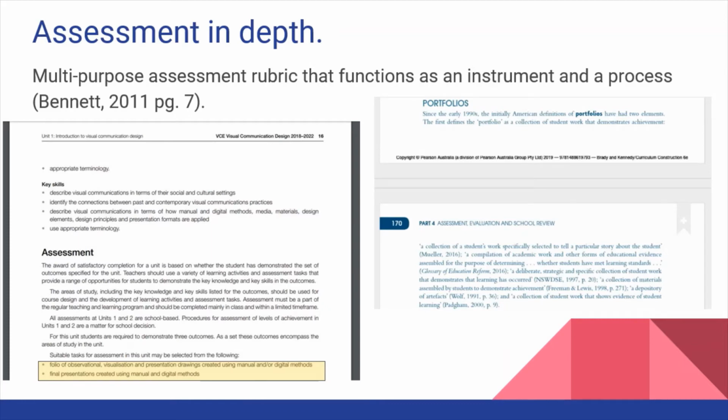So the multi-purpose assessment rubric that functions as an assessment process is how Bennett describes the definition of formative assessment, where he reevaluates what other people are talking about when they're wanting to describe what a formative assessment is.